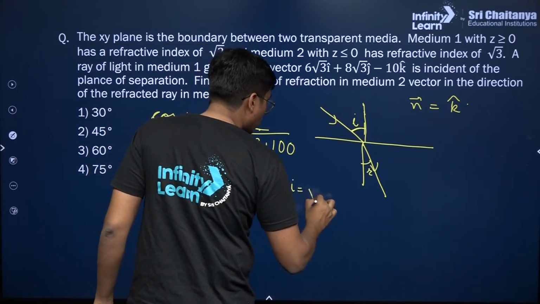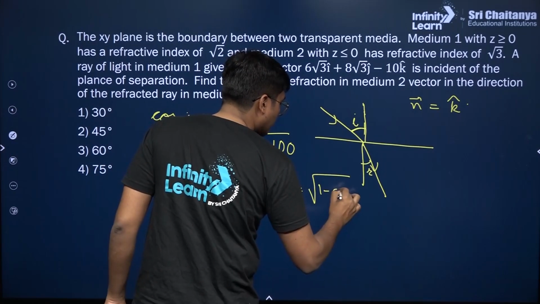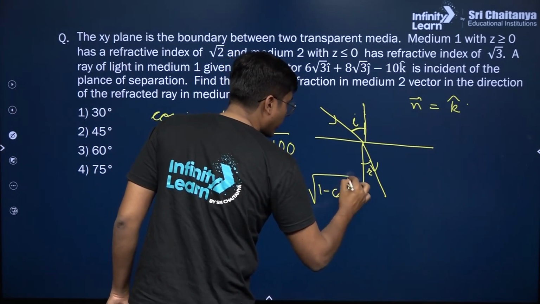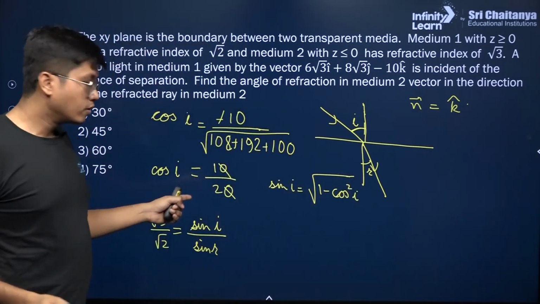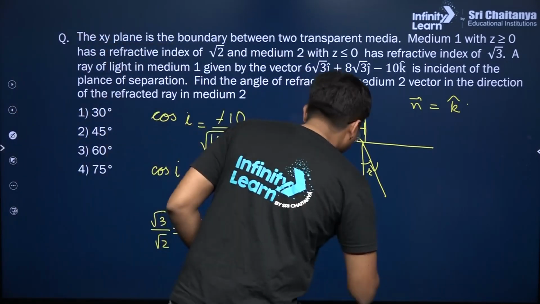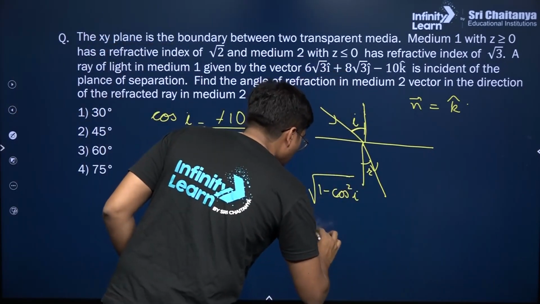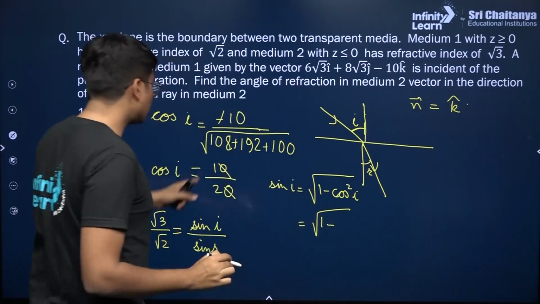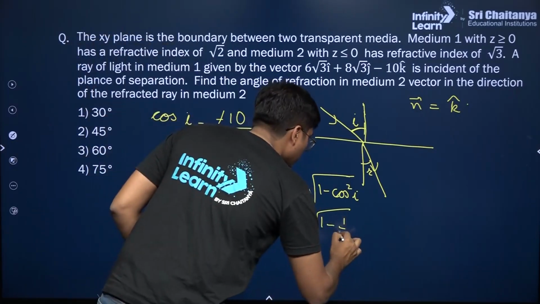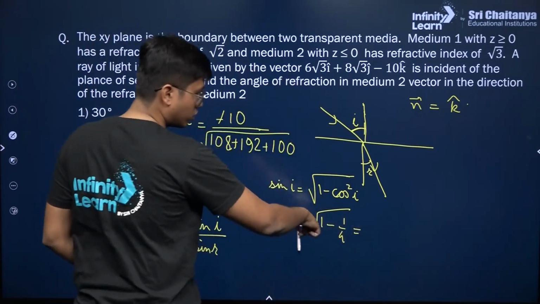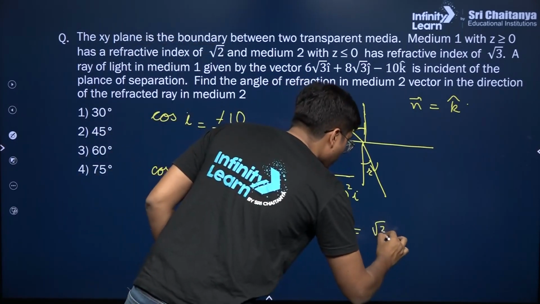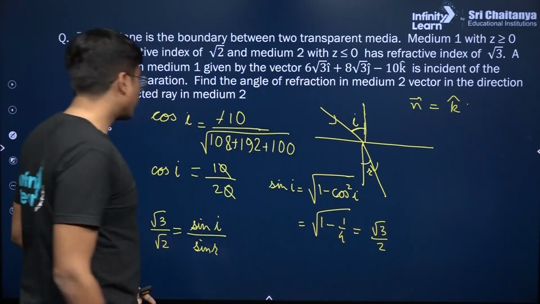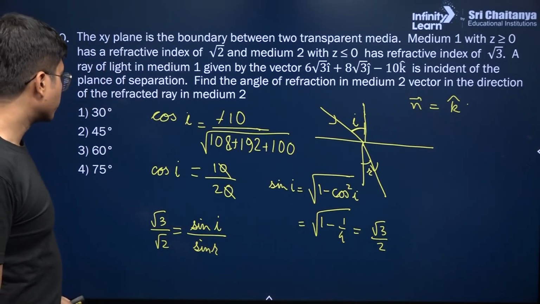Sin I would be root over of 1 minus cos square I. Cos I we have got as half, which means we can put this in relation here. Root over 1 minus 1 by 4, that gives us root 3 by 2. Gives us sin I is equal to root 3 by 2. Fine.